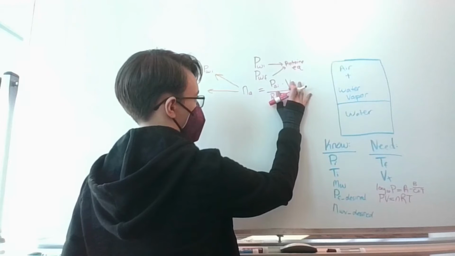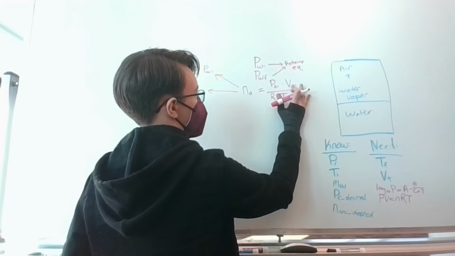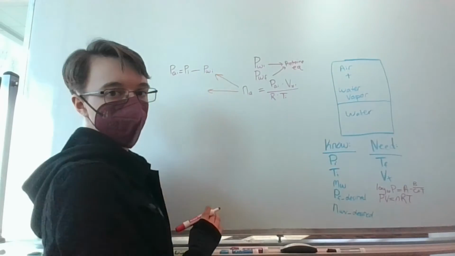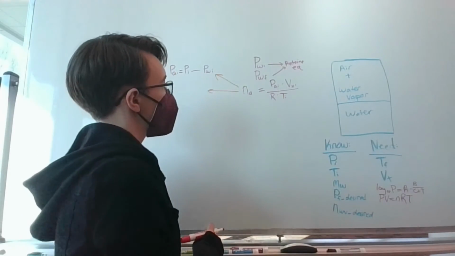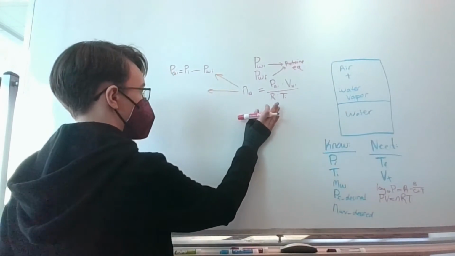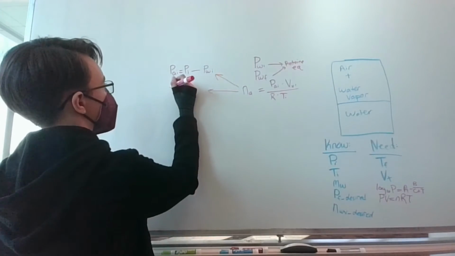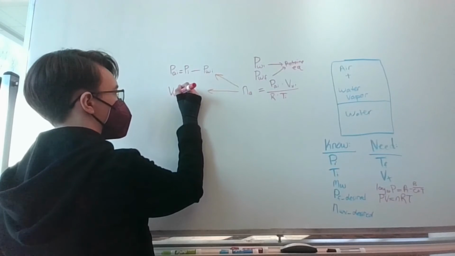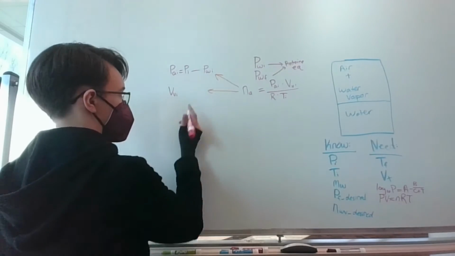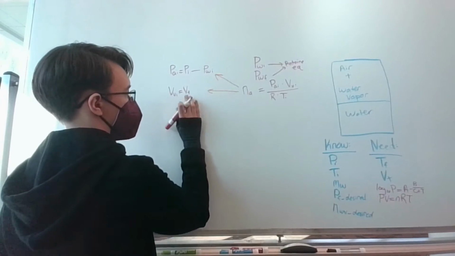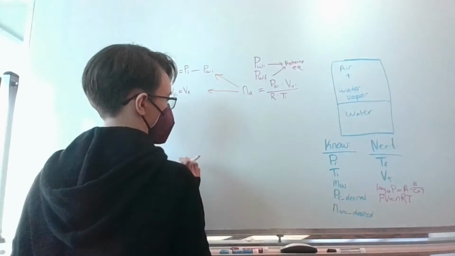So we can simplify this a little bit. Instead of specifying just that that's the volume of air, that's just the volume of anything that's in the vapor phase. So then we'll come over here and we'll say the initial volume of anything in the vapor phase is going to be equal to the total volume.